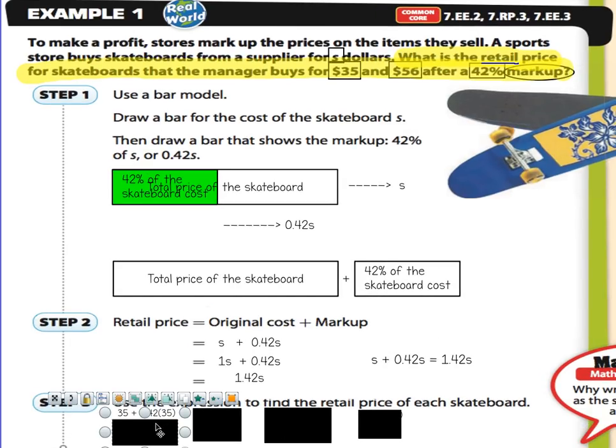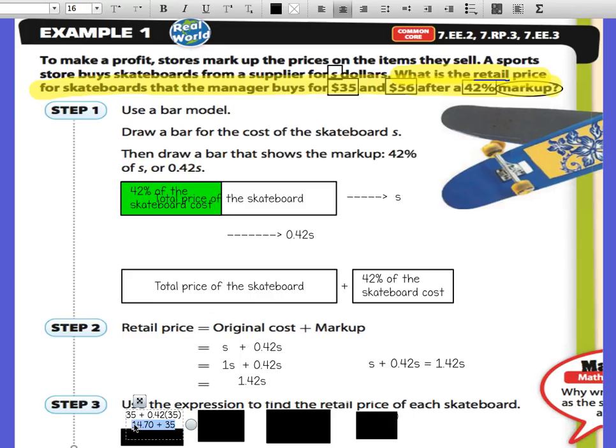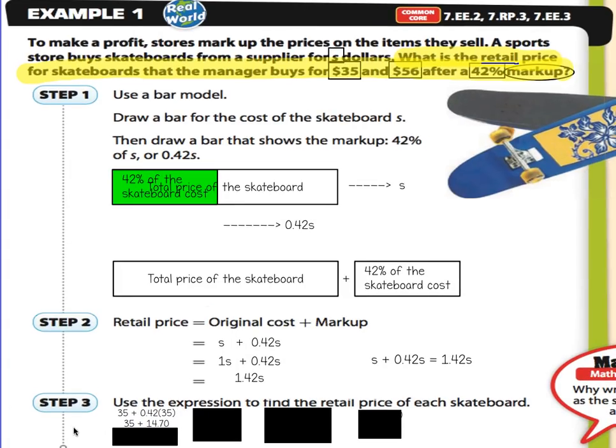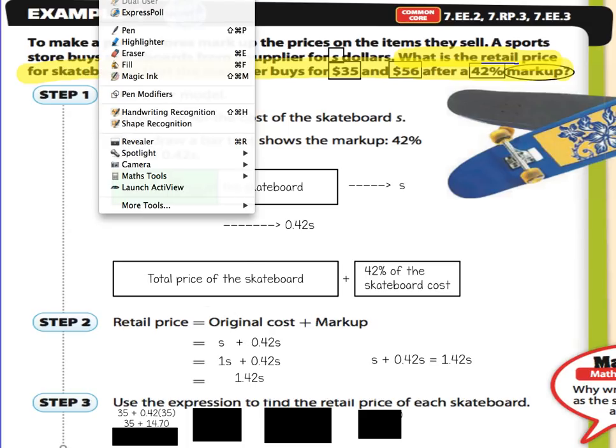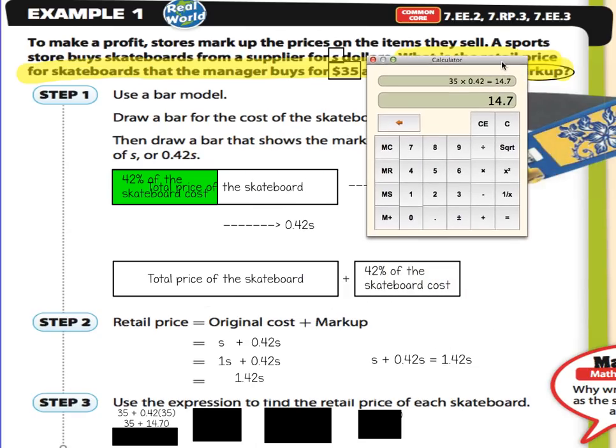Now when I do that, I get $35 plus $14.70, because 42% of the price is going to equal $14.70. If I take my calculator and do 35 times 42 hundredths, I get $14.70.